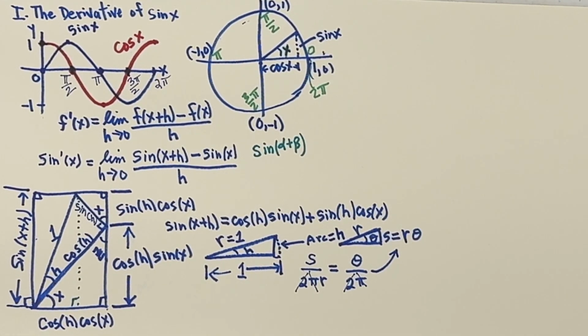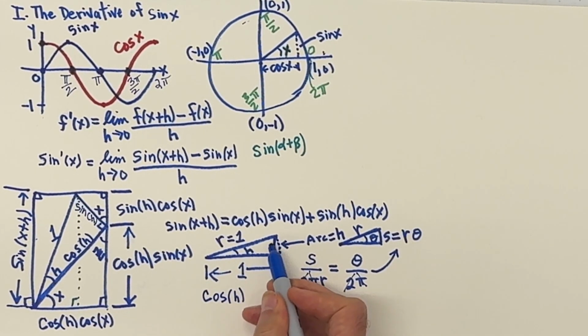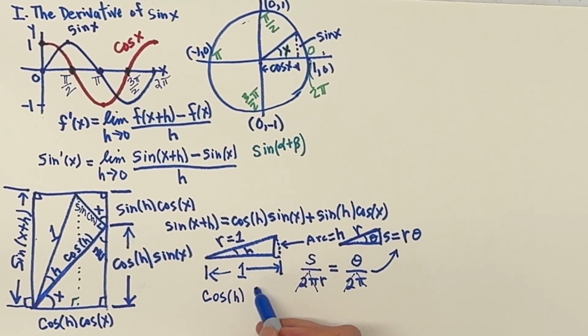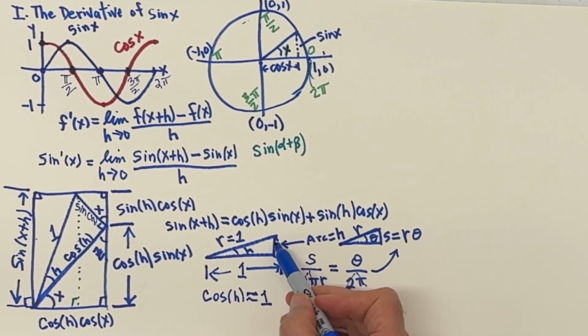All right. So now we want to see what happens when the h gets smaller and smaller. Well, if the h gets smaller and smaller, you see that the cosine of h is starting to approach 1. So this is looking like we're approximately, for small h, we're approximately 1. And then here, this sine of h is getting very close to being this arc.